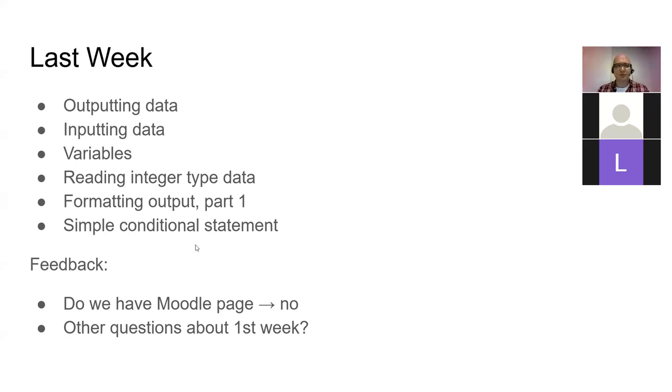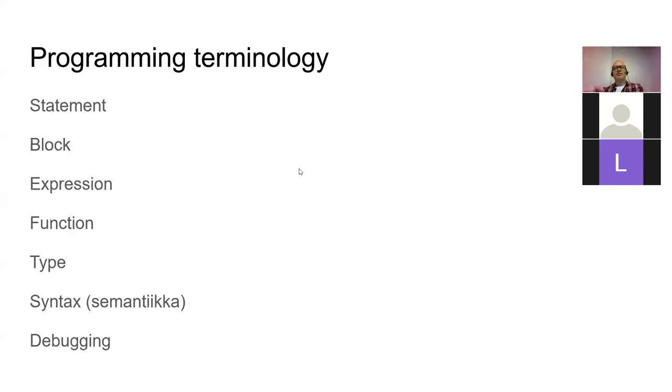Okay, then let's start. In the beginning of this week's material, the first page is about some terminology concerning programming. When we were writing the material, we were trying to find a proper balance between teaching programming and teaching some of the theory behind programming.